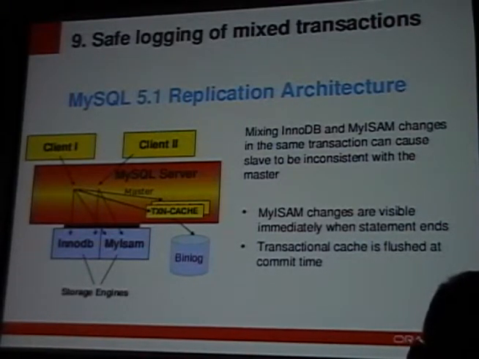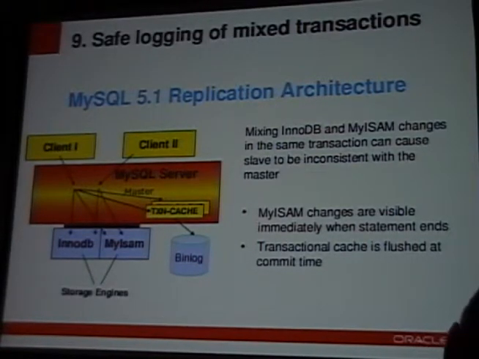When they reach the commit point, at that time we take the transaction cache and flush it to the binary log. So this cache is used to make sure that transactions are serialized by commit time. When the transaction goes into the log, it depends on when it is committing.